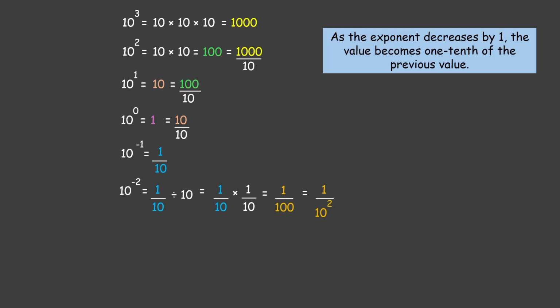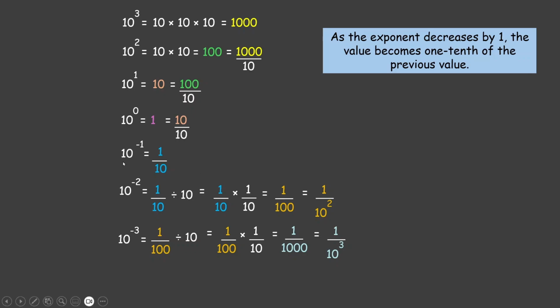Let's do it one more time. 10 raised to the power minus 3 will be 1 by 100 divided by 10, since the value is becoming 1/10 every time, right? Now, this will be 1 by 100 into 1 by 10, which is 1 by 1000, or 1 by 10 raised to the power 3.